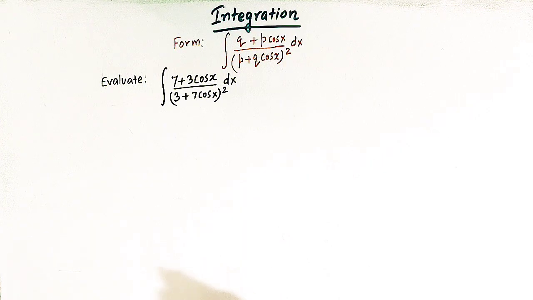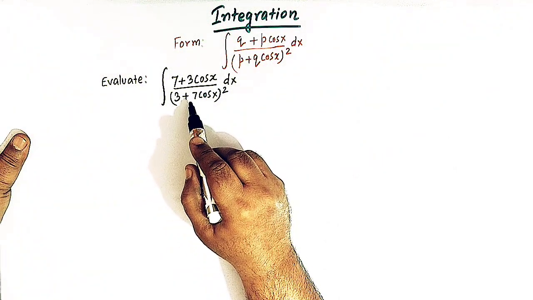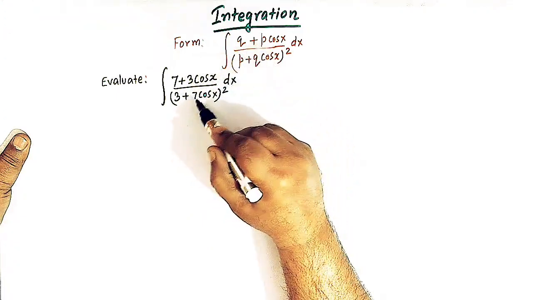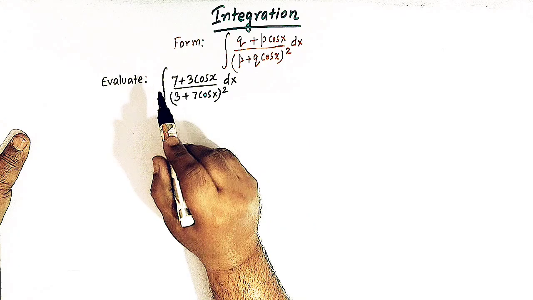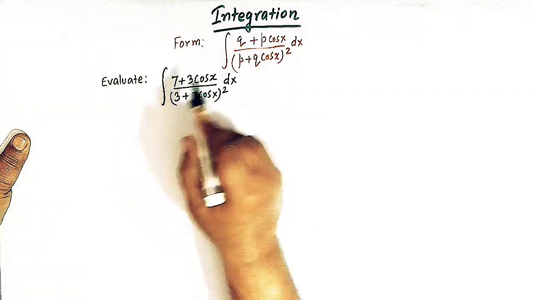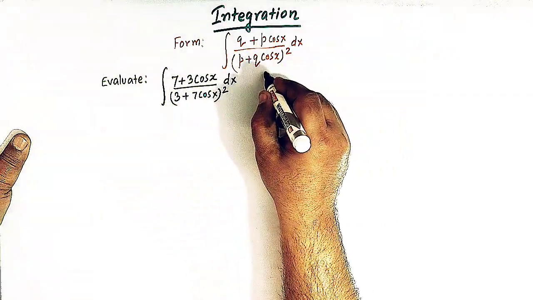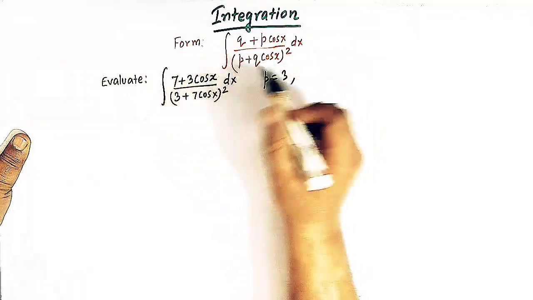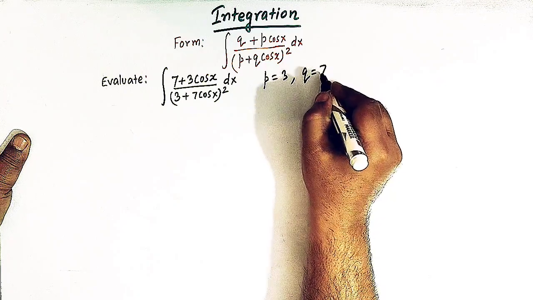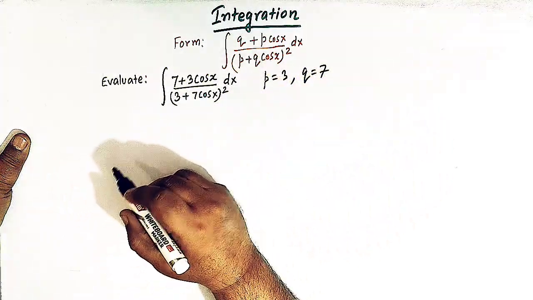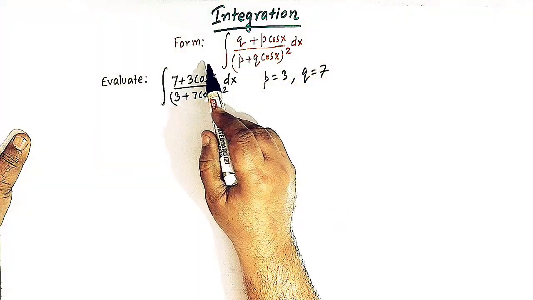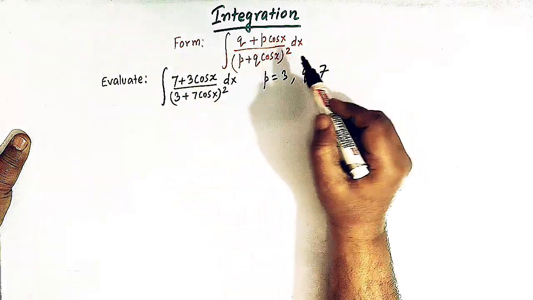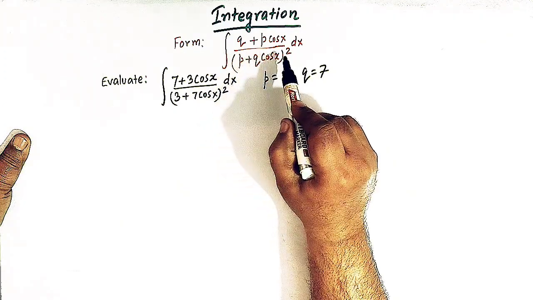So now see, here we have to evaluate this integral, and if we compare these two integrals, then we can easily see that the value of p is 3 and the value of q is 7, right? So let us see how we can find out the integral of this function, and we'll consider the general method here.